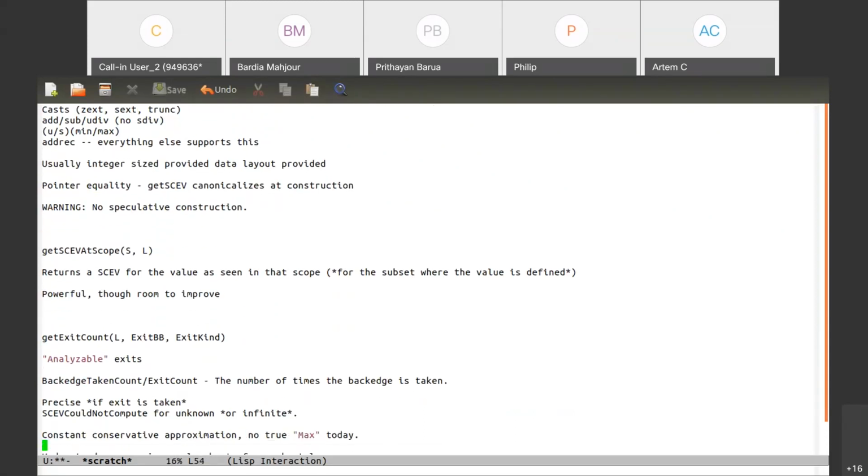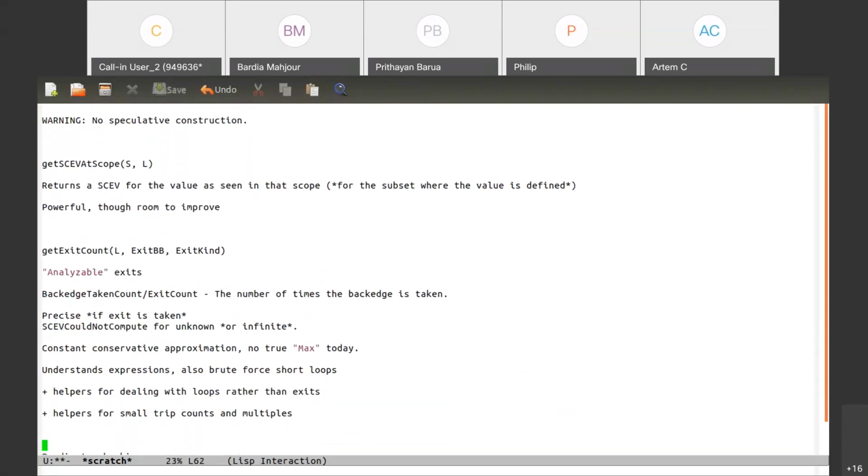So moving on beyond basic SCEV queries, getSCEVAtScope I basically already described. It gives you a way to ask a property of a value defined in a loop from outside of the loop and to see if there's a closed form solution for it.